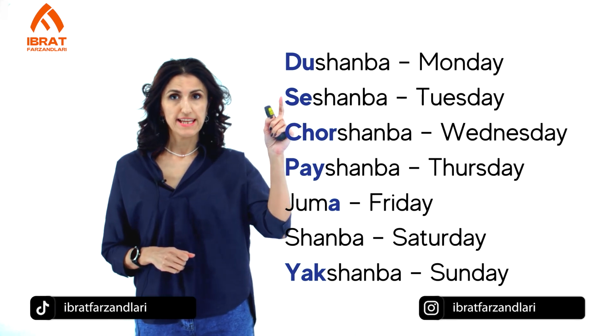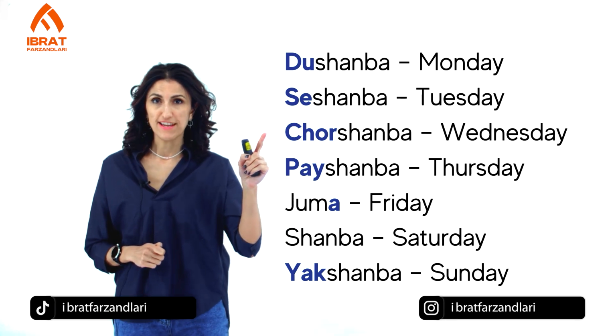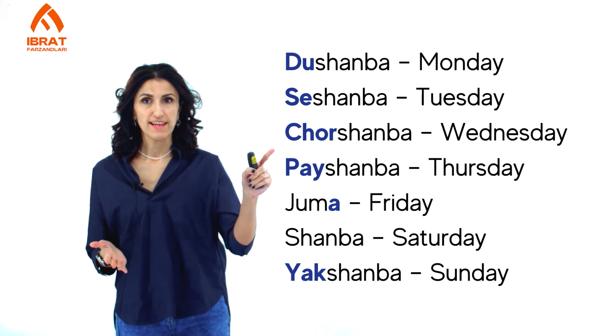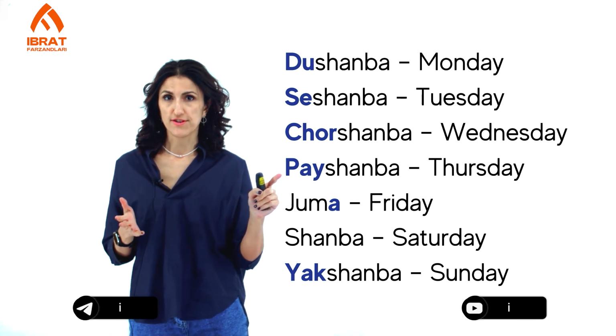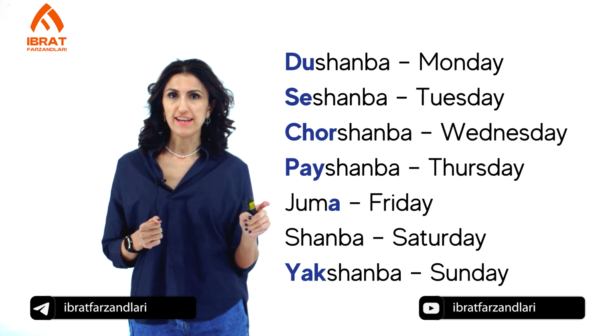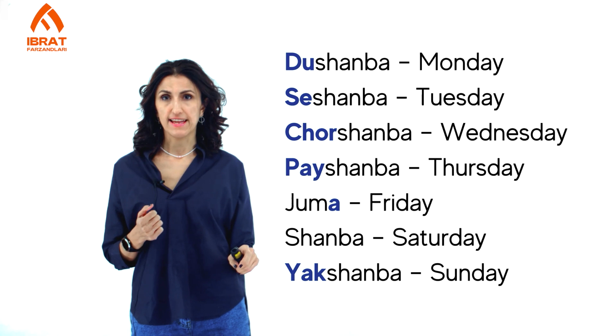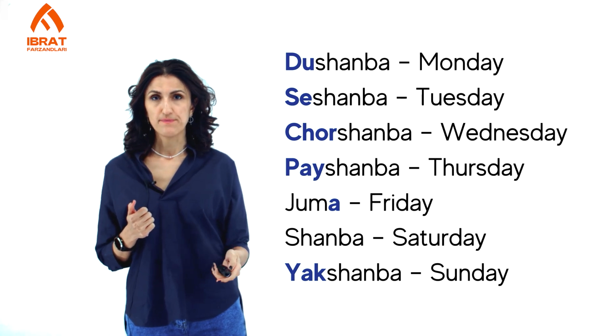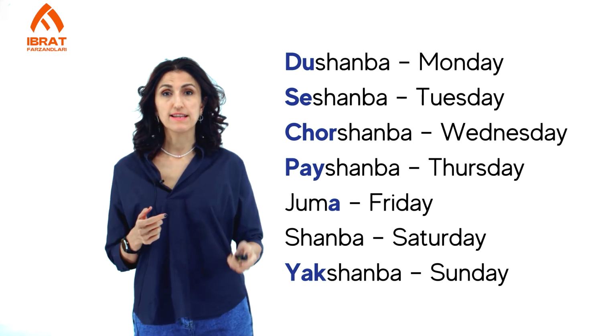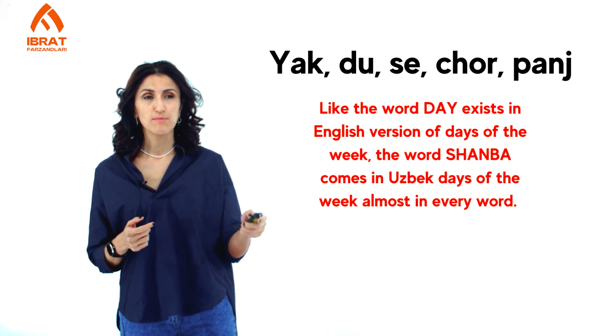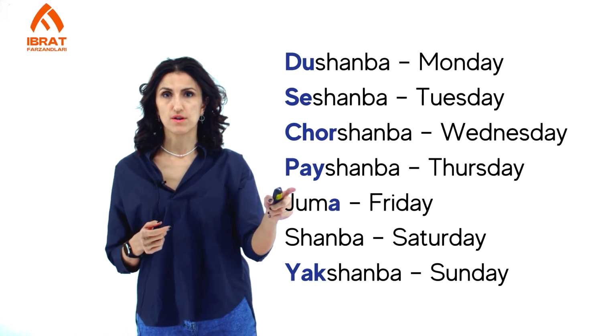Dushanba, Monday. Seshanba, Tuesday. Chorshanba, Wednesday. Payshanba, Thursday. Juma, Friday. Shanba, Saturday. Yakshanba, Sunday. Before I read that again, I would like to draw attention to the blue part of these words.